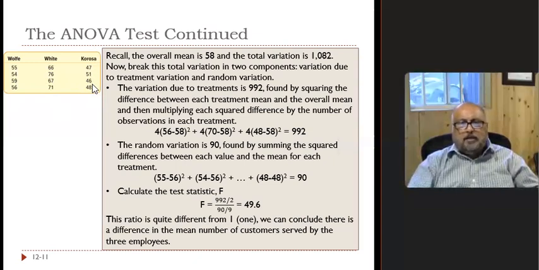So we have 12 total observations, minus the total number of treatments, which is 3. So 12 minus 3 gives us 9. Now we can use this to find the F statistic.